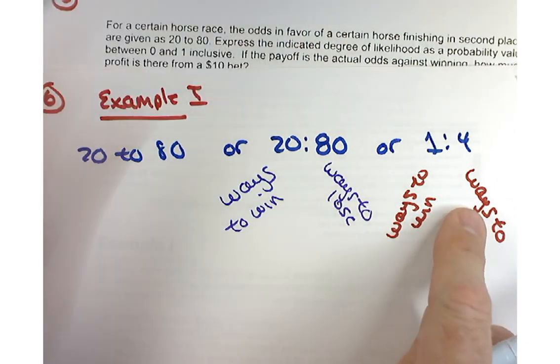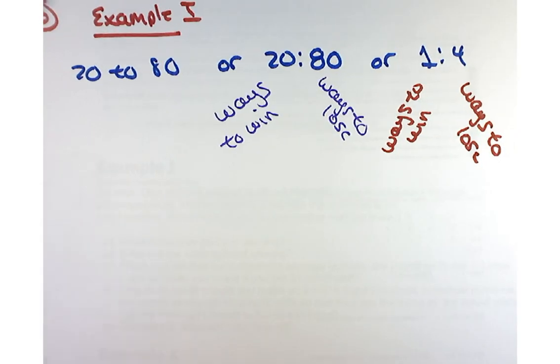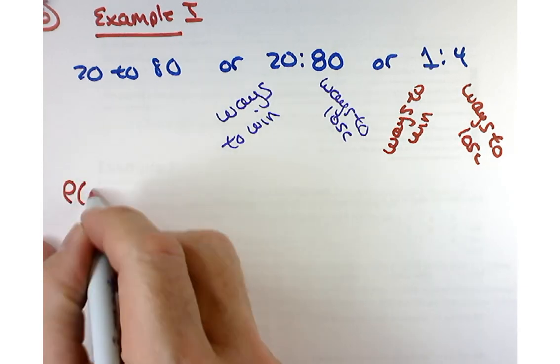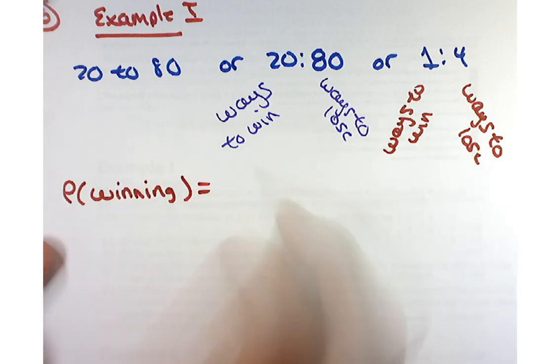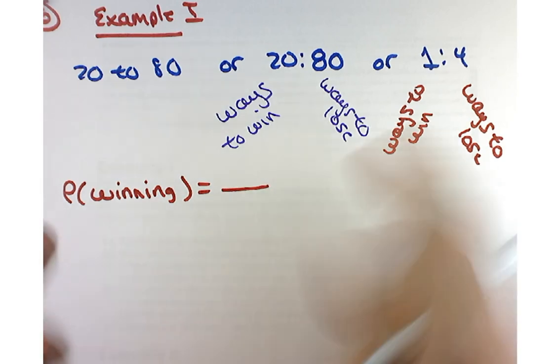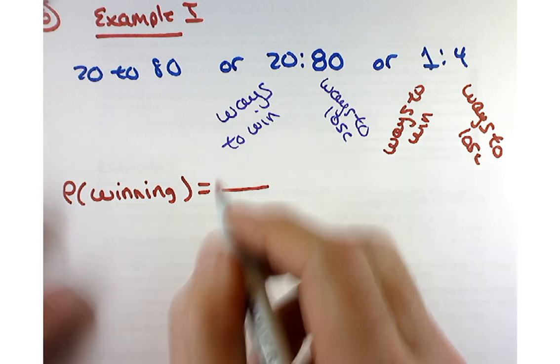But keeping this in mind, keeping track of what's what, makes it a little bit easier to figure out the probability involved. So if you want to know the probability of winning, what's that going to be? How many ways are there that you can win, according to this last ratio? One.